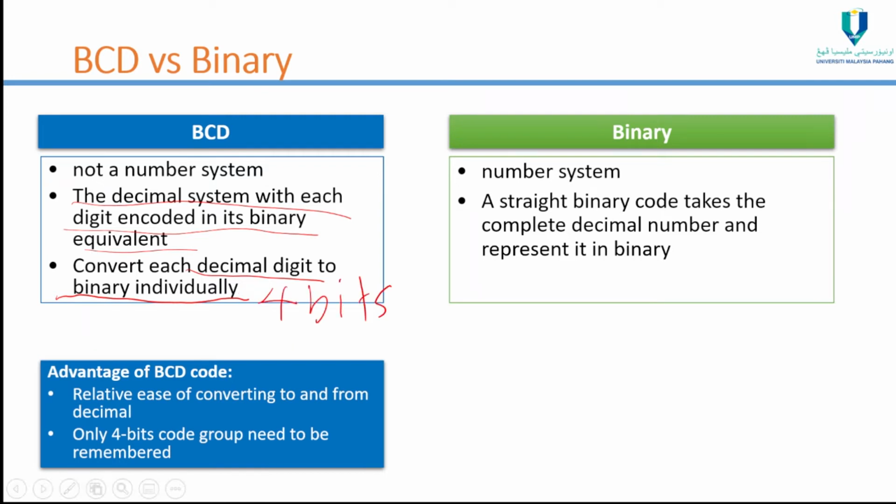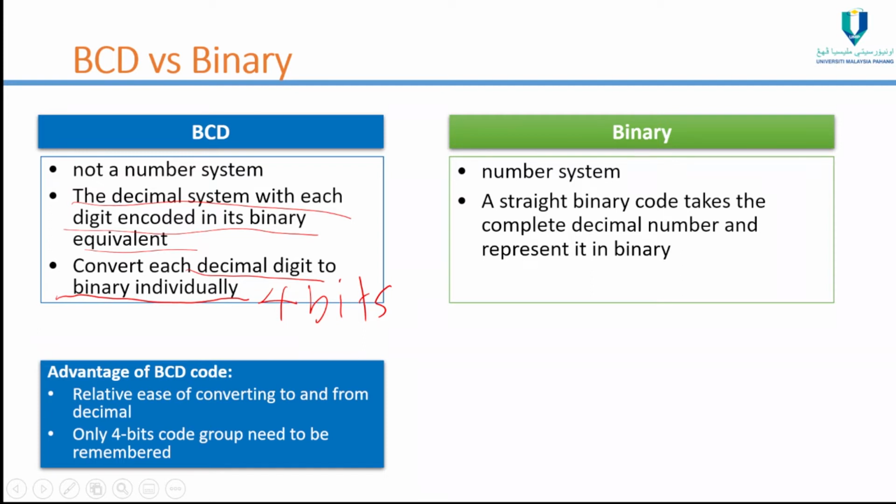While binary is a straight binary code, it takes the complete decimal number and represents it in binary, where we have to repeat division by 2 until we get the binary representation by using the remainders.